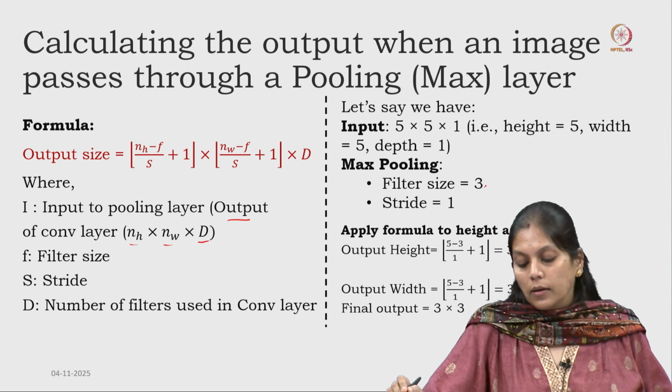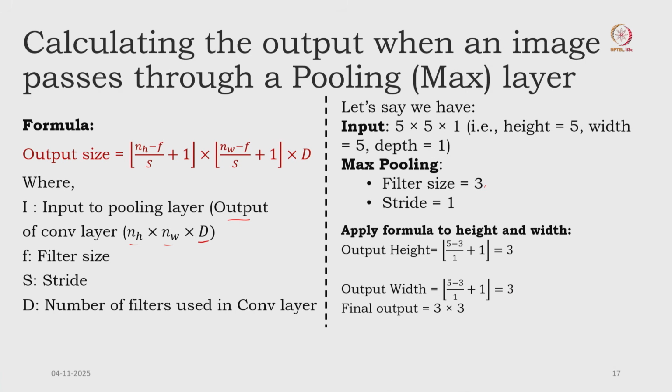What is the size that we are going to get? The size is 3 cross 3 into 1, but since 1 into 1 is just 1, it is 3 cross 3. How do we get this? In this formula you apply 5 minus F, where F is the filter size, once again the window size for max pooling.